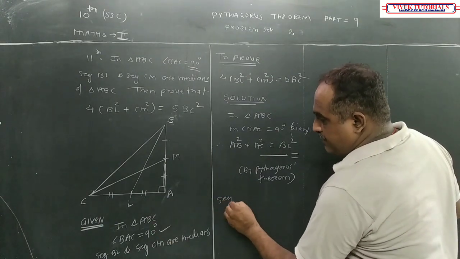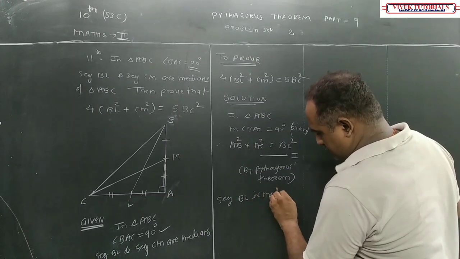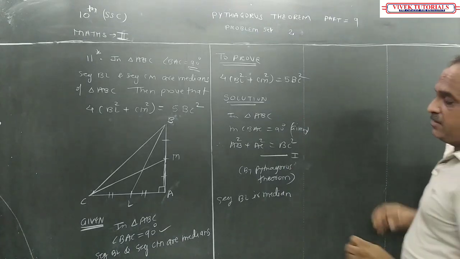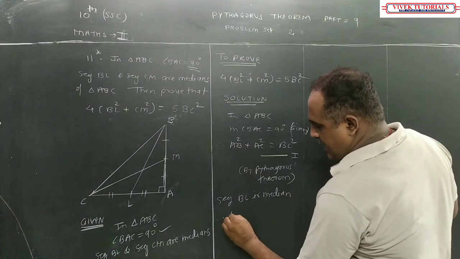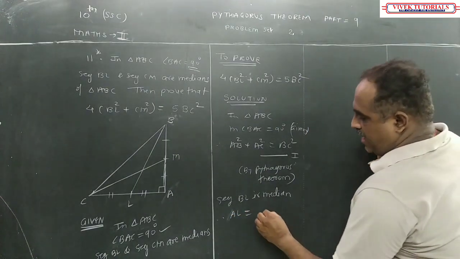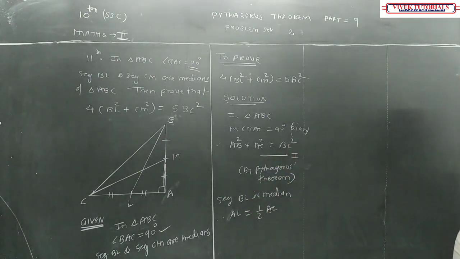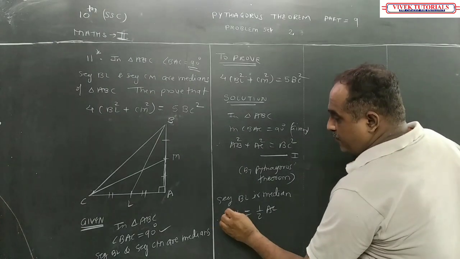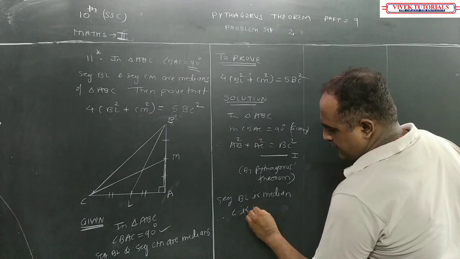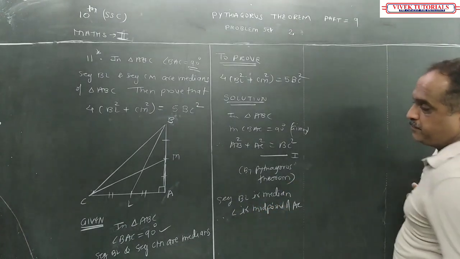They have given segment BL is a median. BL is the median. Therefore, what I can write is AL is half of AC. We can write L is the midpoint of AC.